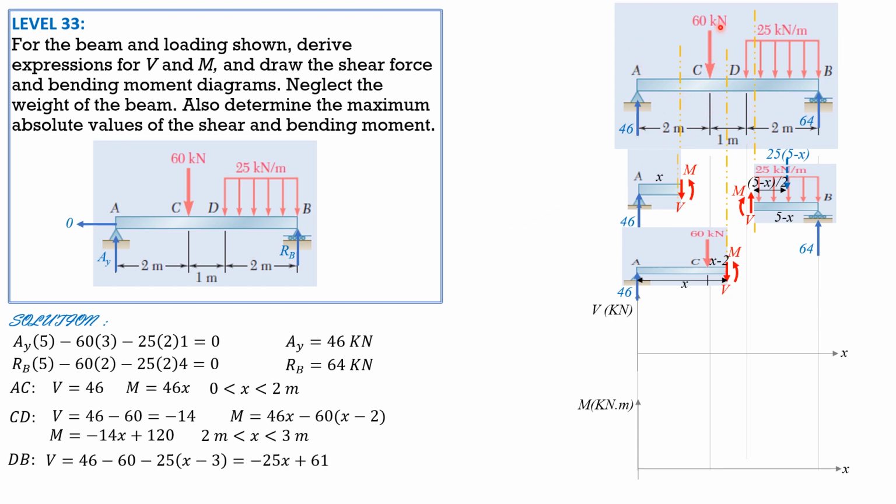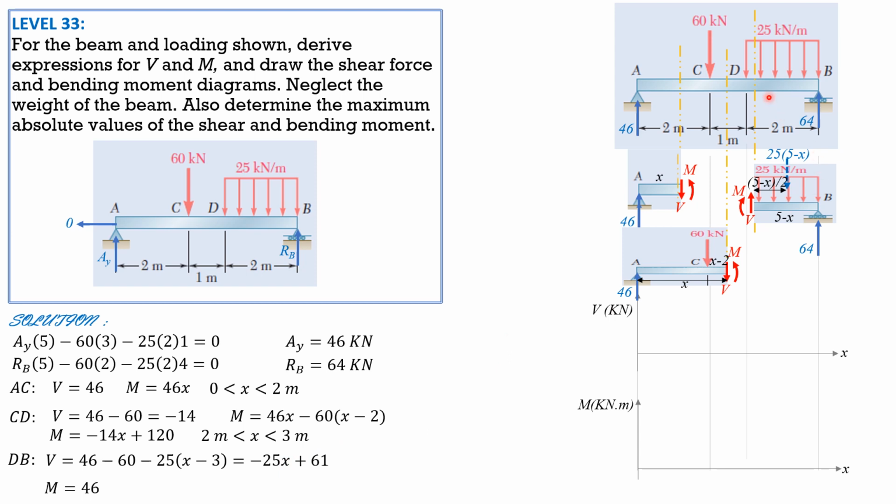So 46 minus 60 minus the area of this rectangle here, 25 times x minus 3, because this is 3 meters, so this is x minus 3. So minus 25 times x minus 3. Remember, this is considering the free body diagram to the left of this section. So simplifying, it is negative 25x plus 61.